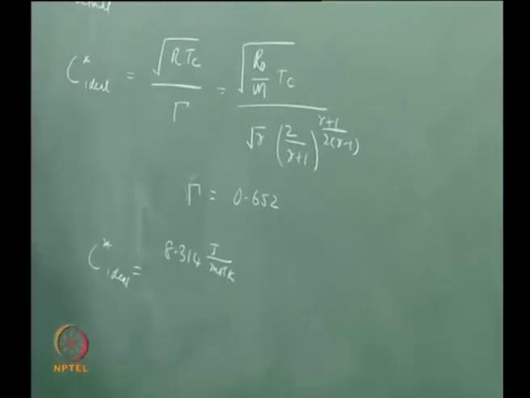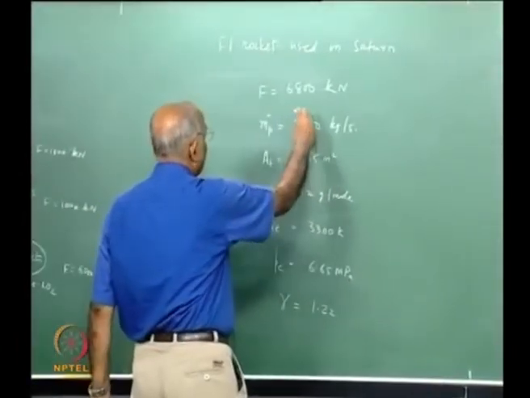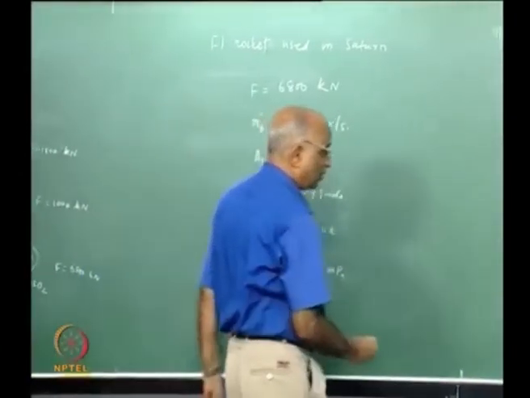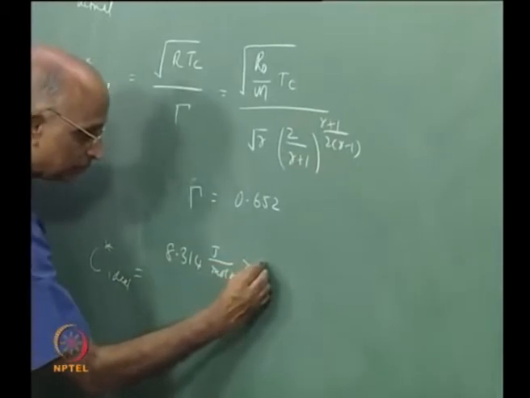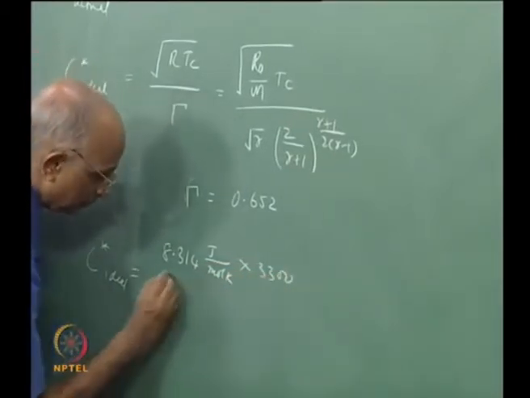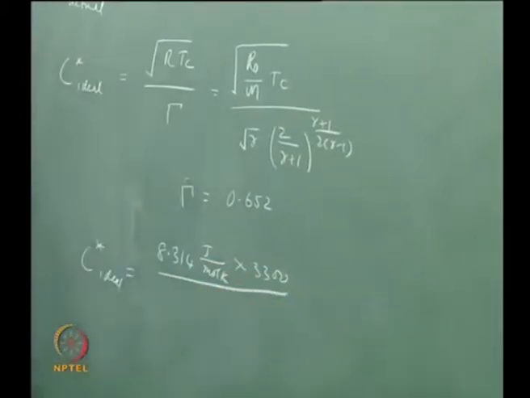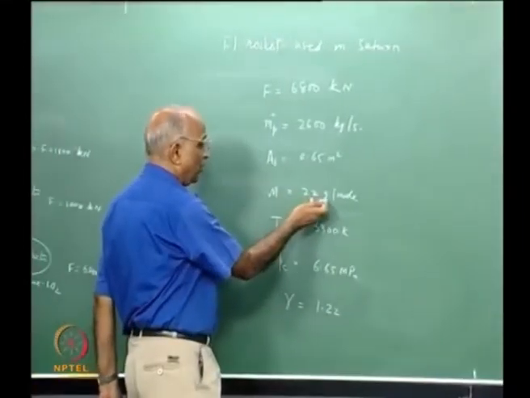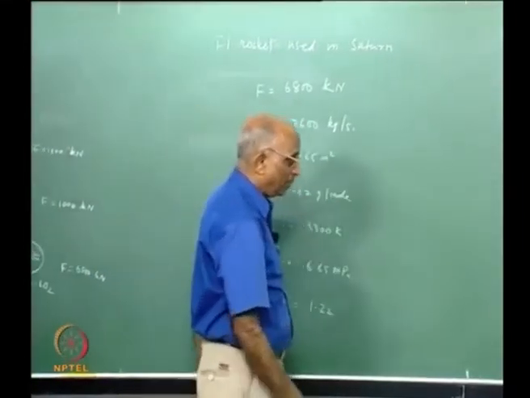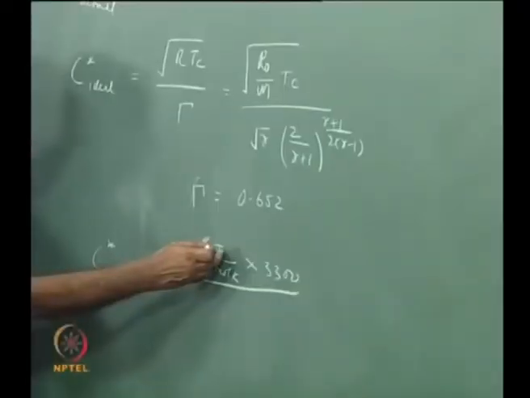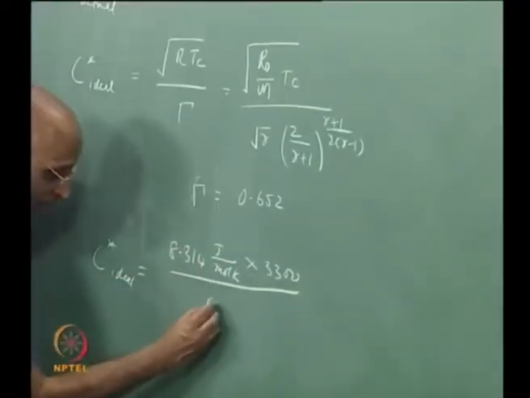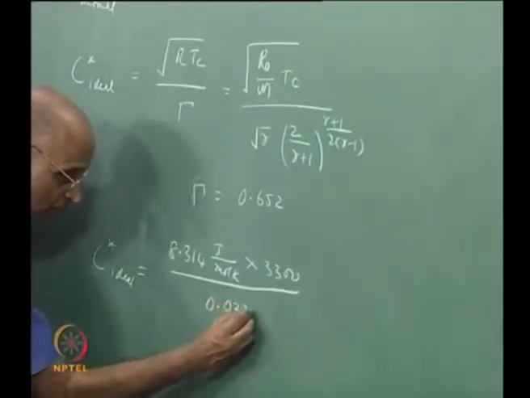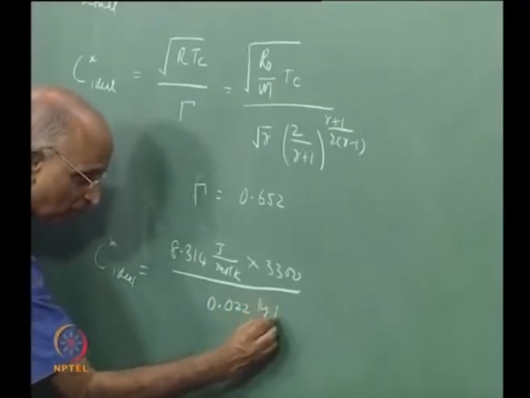The value of Tc for this particular propellant combination is 3300. The value of the molecular mass is equal to 22 grams per mole, but I am talking in terms of joule which is related to kilogram, therefore I say 0.022 kilogram per mole.